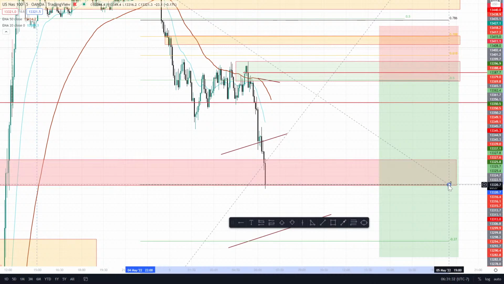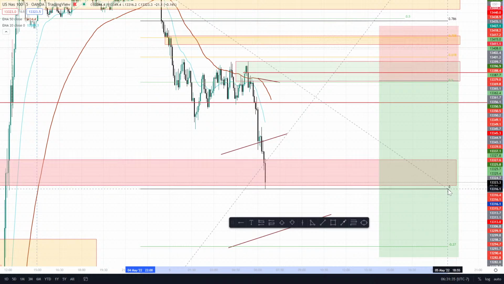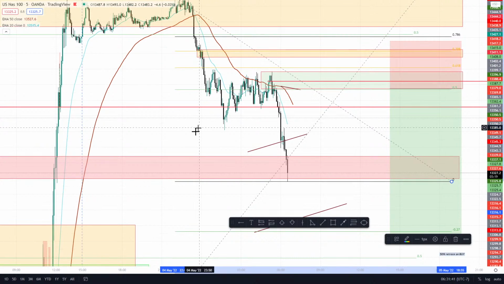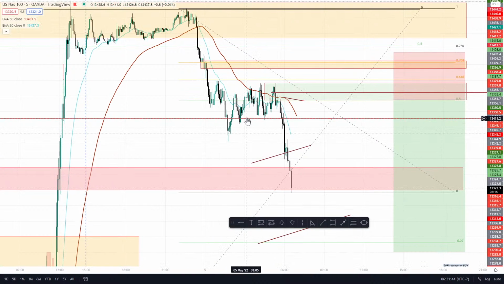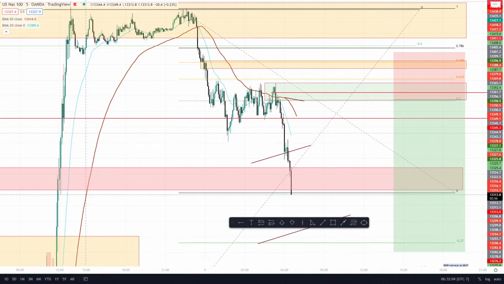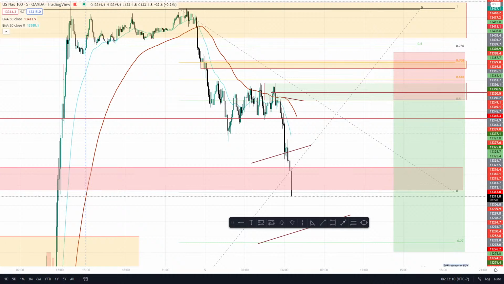Might just be coming. Sheesh, that's flying. Now we're seeing somewhat of a little retracement here. Never mind. So it looks like it's still pushing.